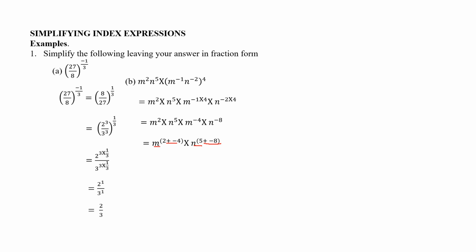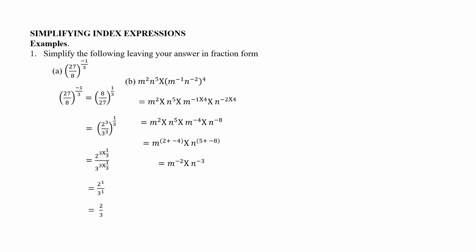So when we add the 2 plus the negative 4, we are going to get our negative 2. Then when we add the 5 plus the negative 8, we are going to have our negative 3.